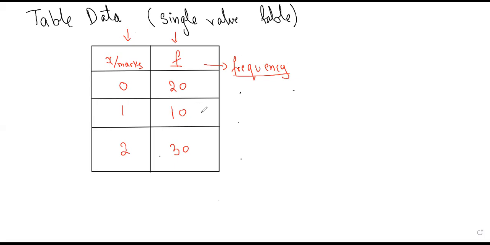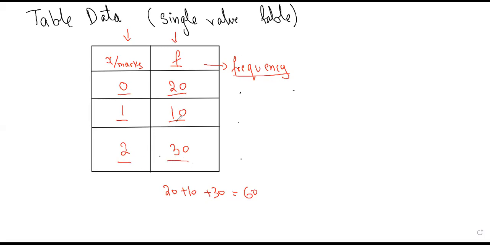So basically, total number of students in class were 20 plus 10 plus 30. That would be 60. Okay, please understand the scenario. So you have a class of 60 students. Out of those 60 students, 20 got 0 marks, 10 got 1 mark, and 30 students got 2 marks.